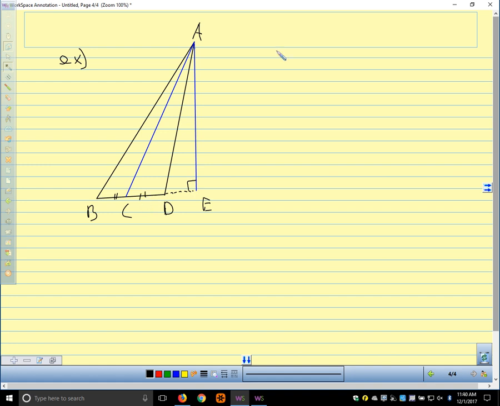All right, so the question is altitude, median, or neither. How about segment AC? So this blue segment here. Altitude, median, or neither? What is it?